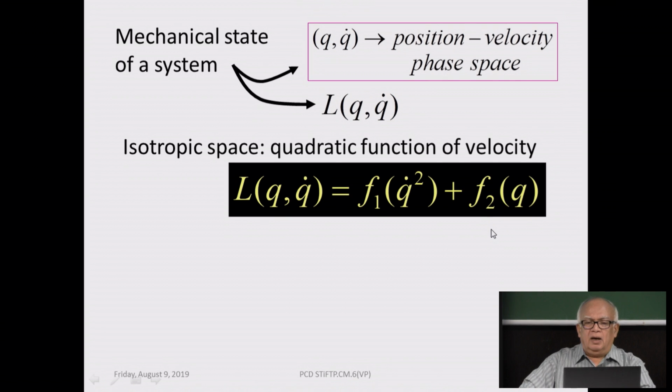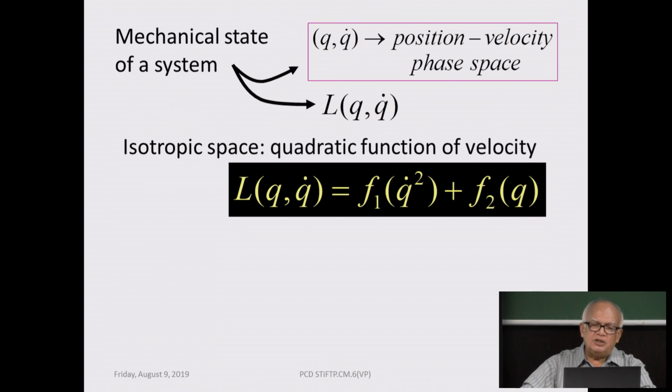Function of velocity: now, if space is isotropic, then properties should not be different in different directions, right? So if there is a function of velocity, you would prefer that function to depend quadratically on velocity rather than linearly, because when you take a quadratic function of velocity, it will be v dot v, which is v squared, and then it doesn't depend on the direction of velocity anymore.